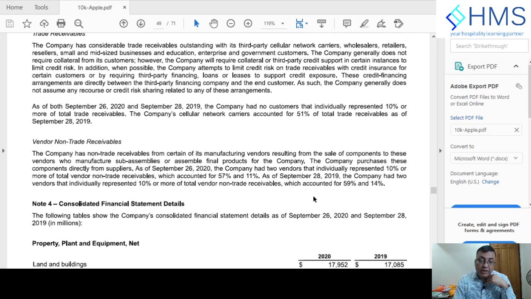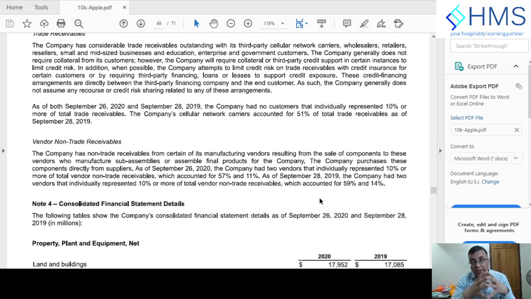So there are two vendors to which the company has sold its items. The company's business model is that it sells its products, the sub-assembled parts, to the vendors. They assemble and sell them back, right? So that's how it is working.